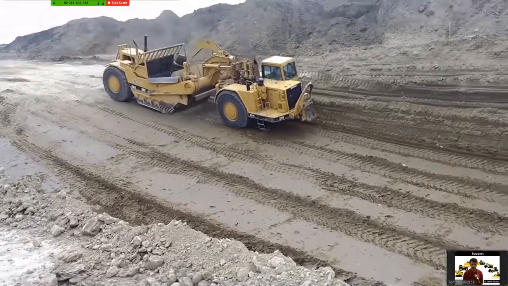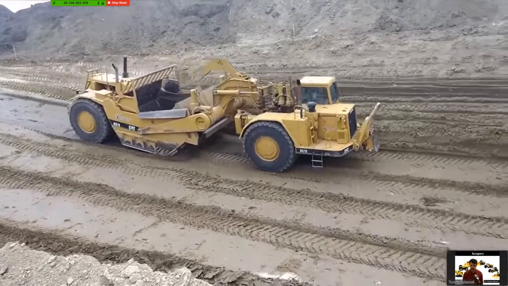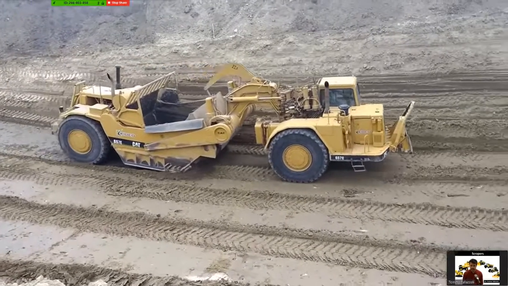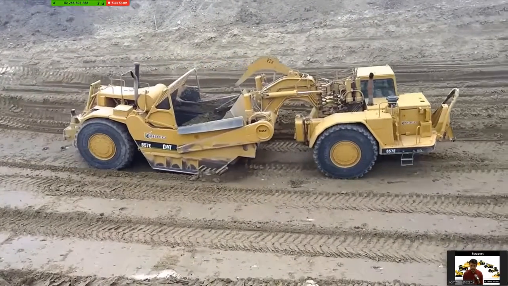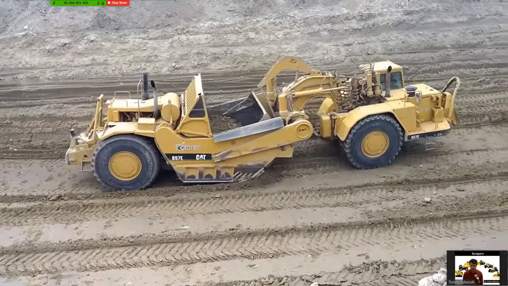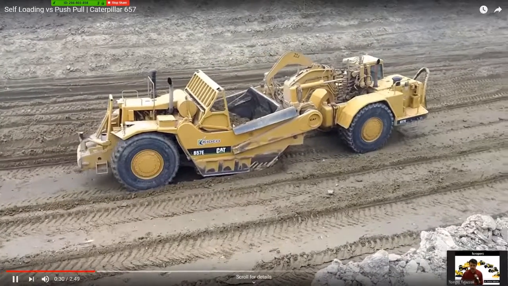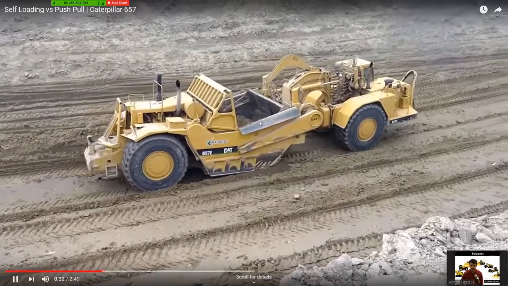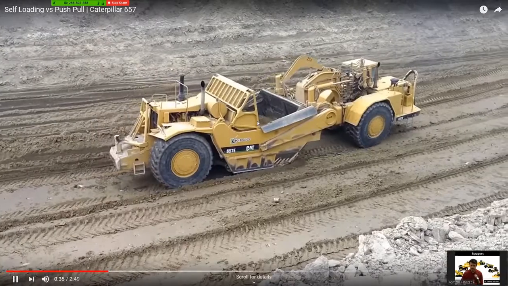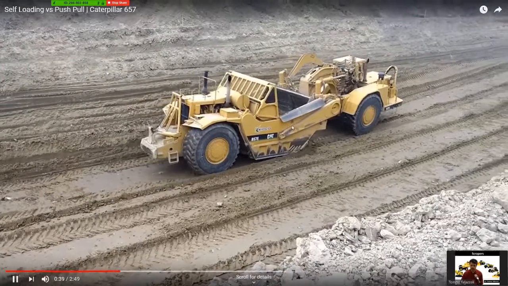So as you can see, there are two engines. One is in the front, the other one is in the back. You see how it is loading itself, right? And it can do both loading and spreading at the same time.